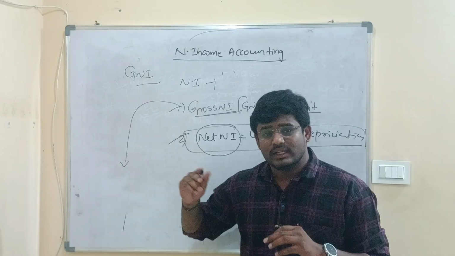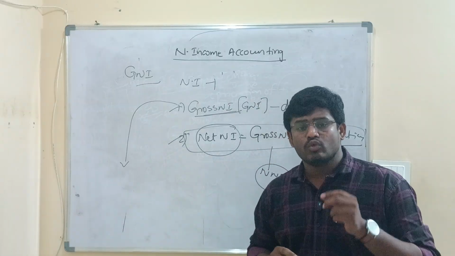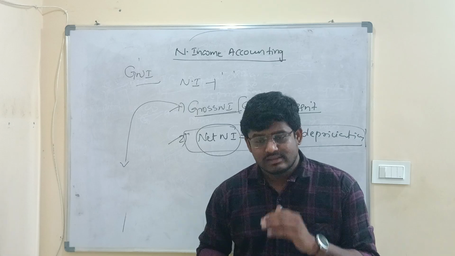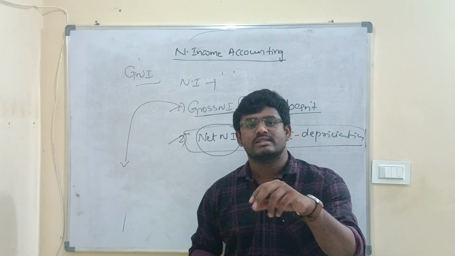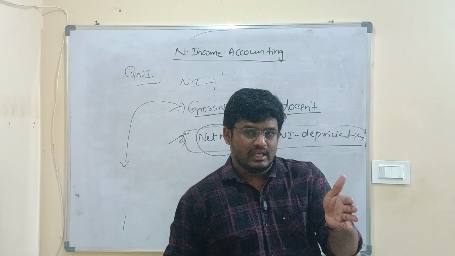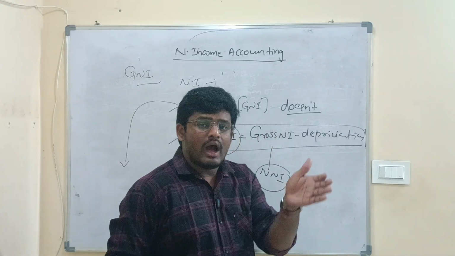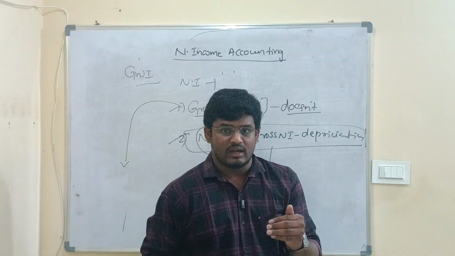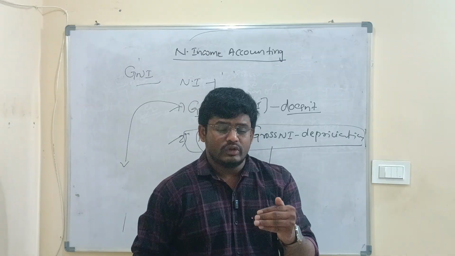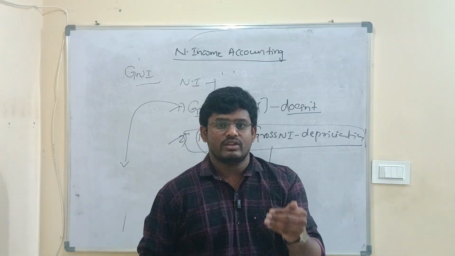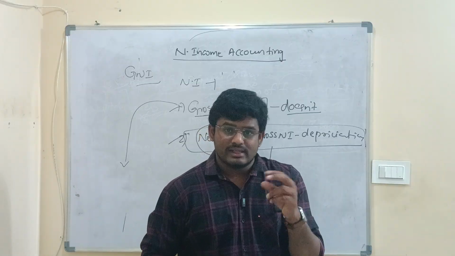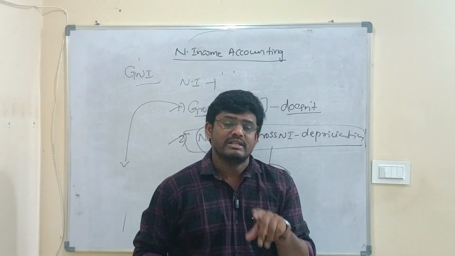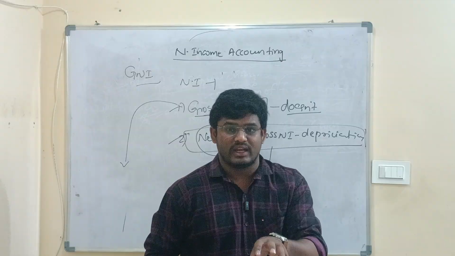They mostly provide the figures of GNI. The reason is that understanding the concept of depreciation is easy, meaning depreciation is losing value. But if you ask an Uber driver today how much his car has depreciated, it becomes difficult. So understanding depreciation is easy, but calculating the depreciated value within the firm becomes difficult.